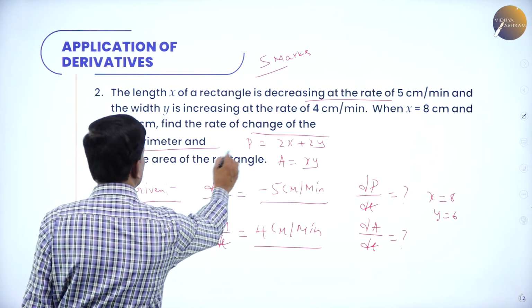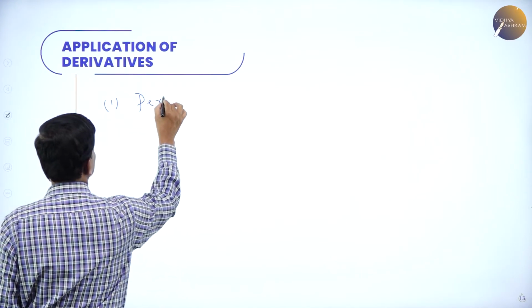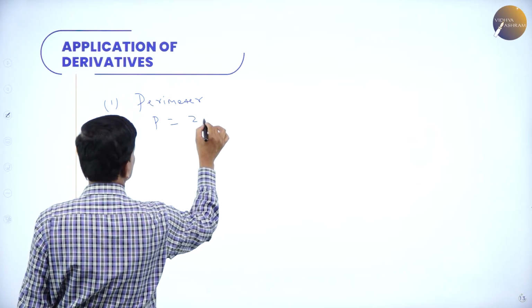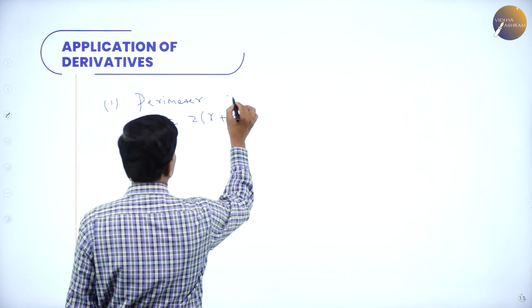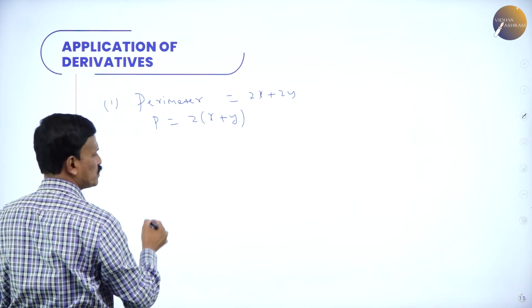Now let us take the perimeter, first one. P is equal to 2x plus 2y. If I take 2 as a common factor, 2 times x plus y.